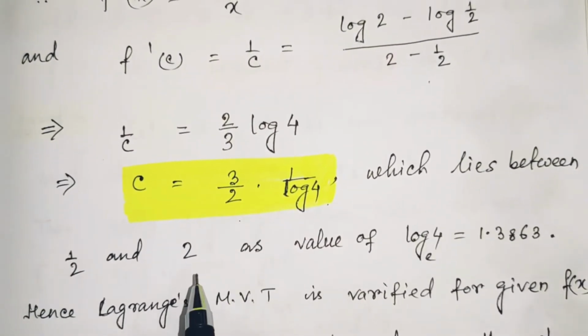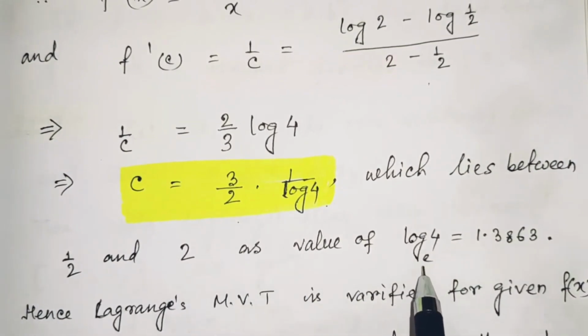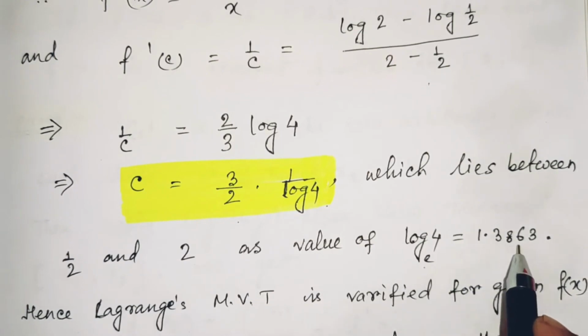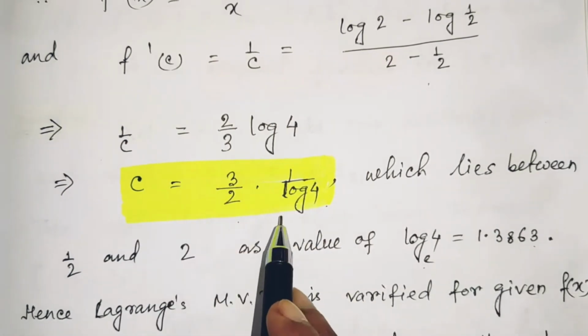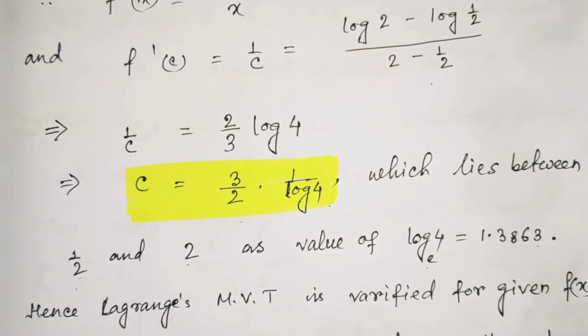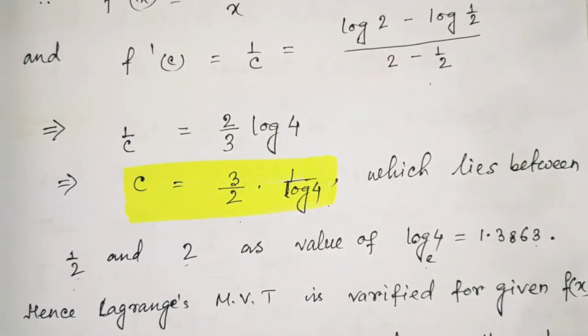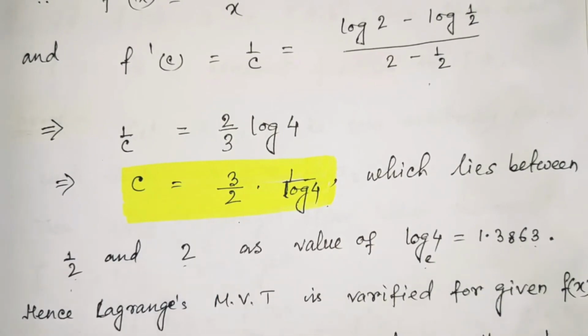If you want to verify, for your reference, log 4 base e has the value 1.3863. You can verify it from the log table also. So if we substitute and calculate, we will find the value of c lies in between these two. Hence the Lagrange mean value theorem is verified, and we find a particular c within the given interval.